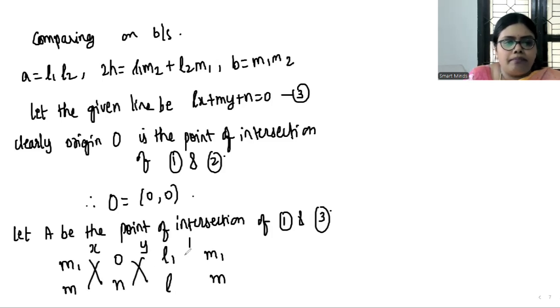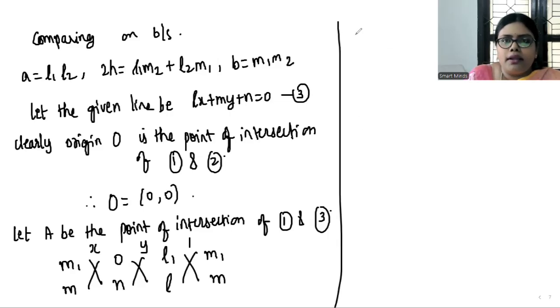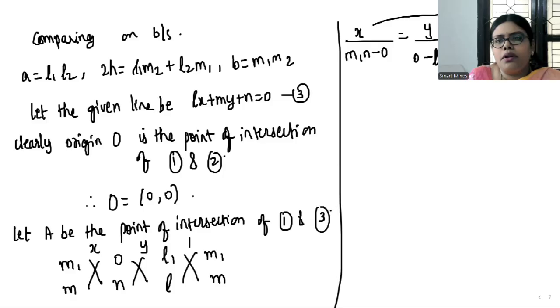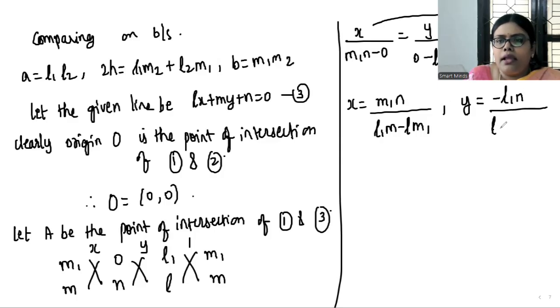Now cross multiply. So what do you get? x by (M1 n minus 0) equals y by (0 minus L1 n) equals 1 by (L1 m minus L M1). Now if you equate first and last, and second and last, x is equal to M1 n by (L1 m minus L M1), and y is minus L1 n by (L1 m minus L M1). So what is point A? First you write the x coordinate.